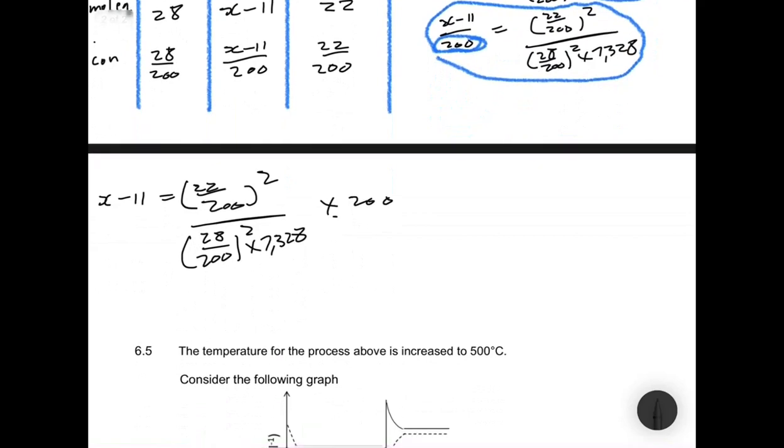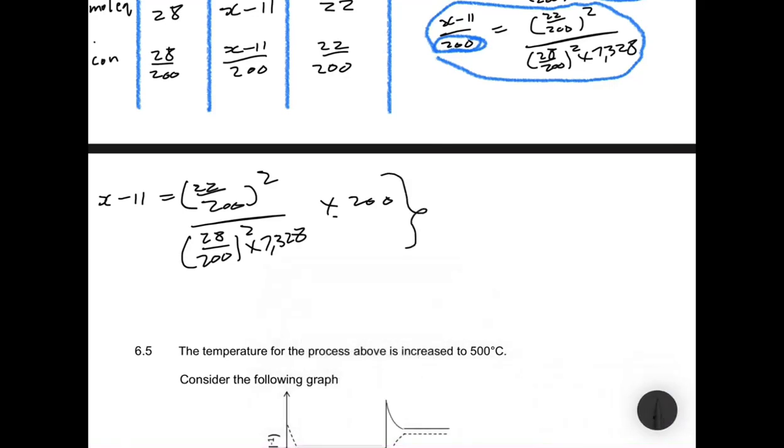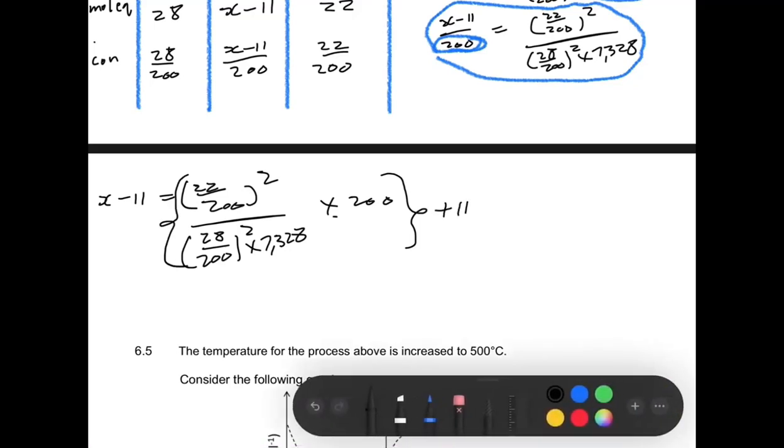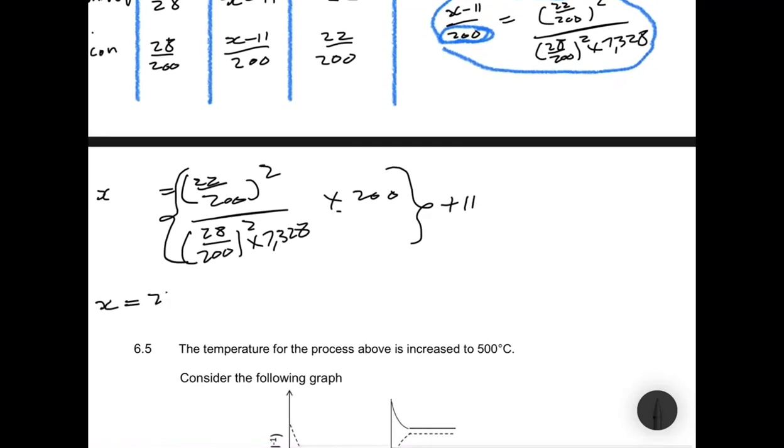So now you can see that you just add 11 to both sides and you determine x. So if you add 11 to both sides, let's take this entire expression, right? And then we say plus 11. So now we can erase this minus 11 here. We get x being equal to 27.849, right?